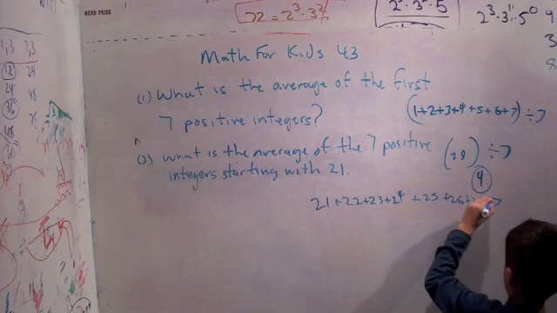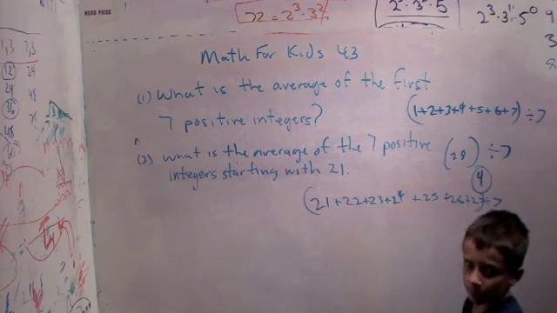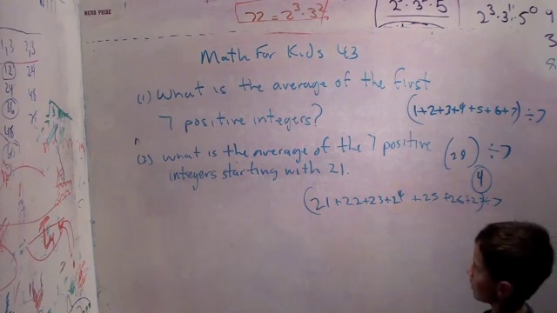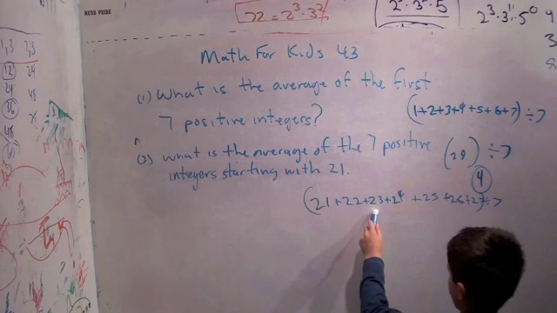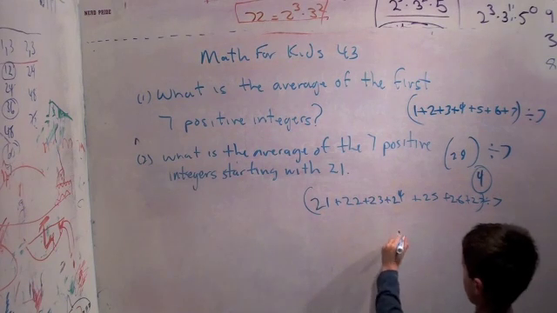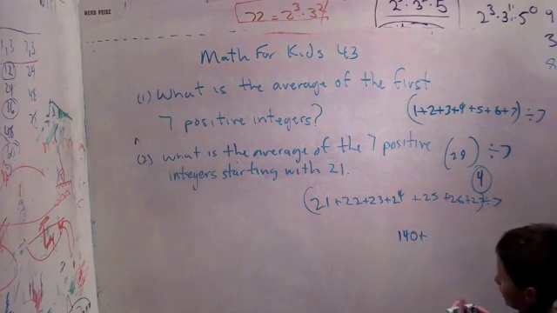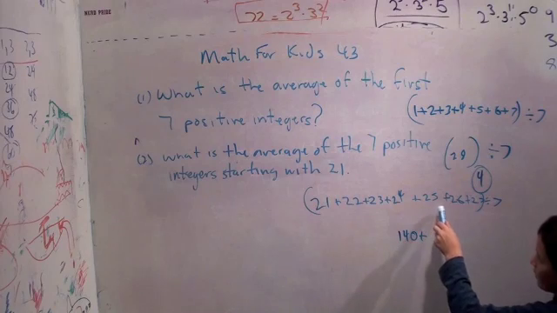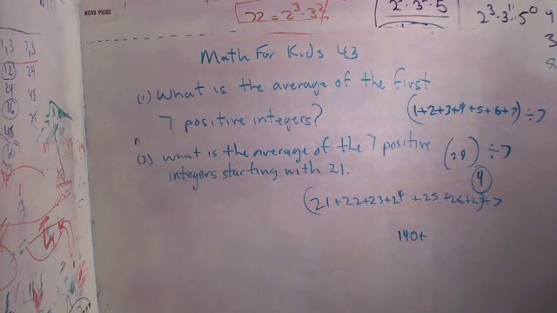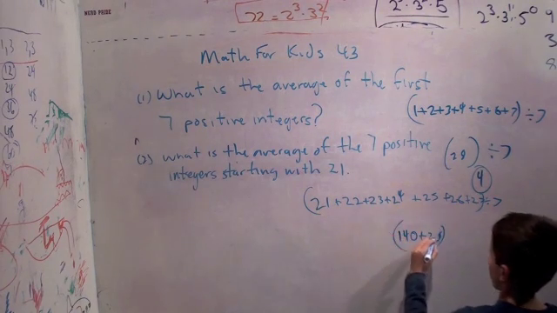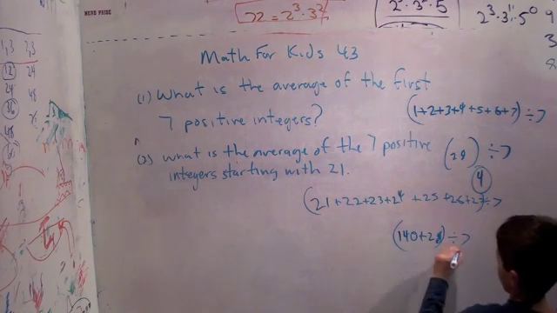Whole thing divided by 7. What's that going to be? It's 40, 60, that's 80, 100, 120, and 140. Then 3, 10, 15, 21, 28. So it's 140 plus 28, divided by 7.